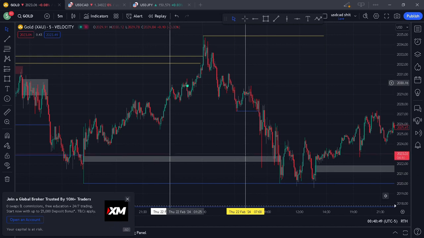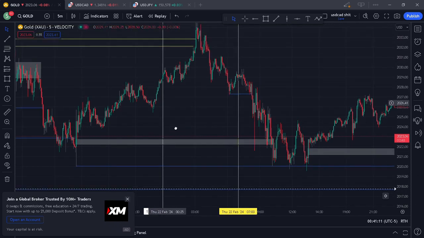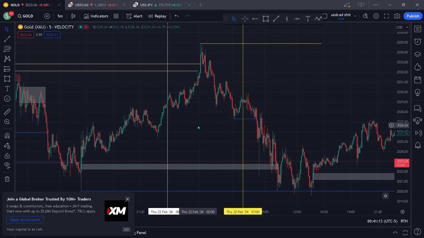If it swept a previous high in the London session or the day before, for example, but in this case, the London session, we swept a previous high, previous day high, and then we started to break down. So what does that tell you? Price is looking for liquidity on the sell side. So you want to find the low, the previous low of that day, or the London session previous low.